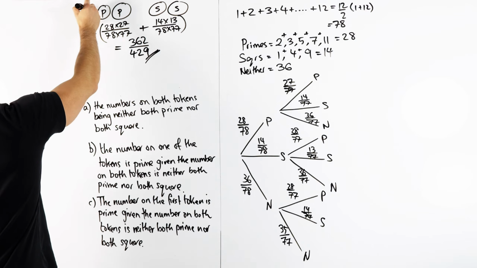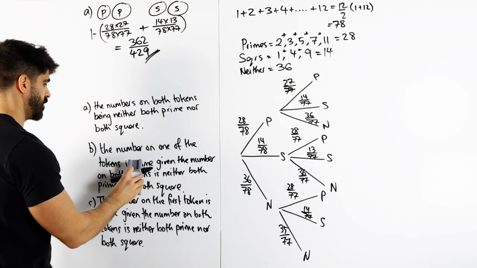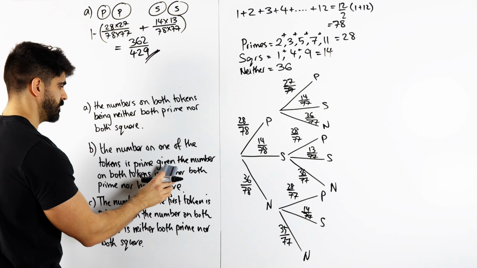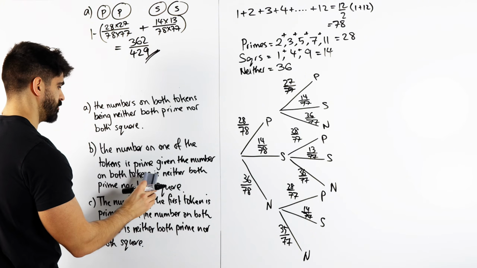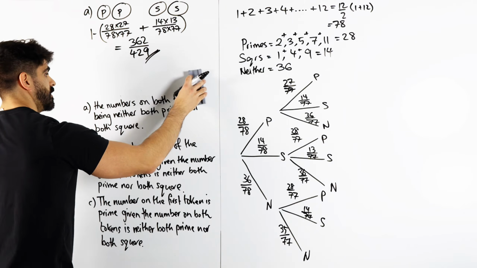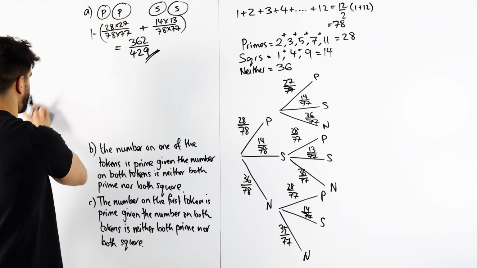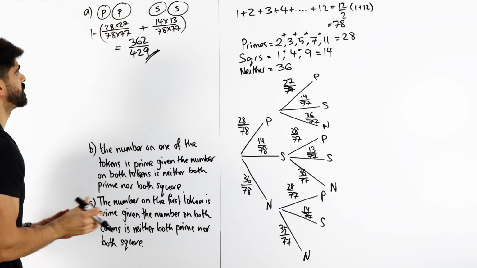So find the probability that the number on one of the tokens is prime, given the number on both tokens is neither both prime nor both square. Okay, so we have a given statement. We should probably write this out as our normal given statement.